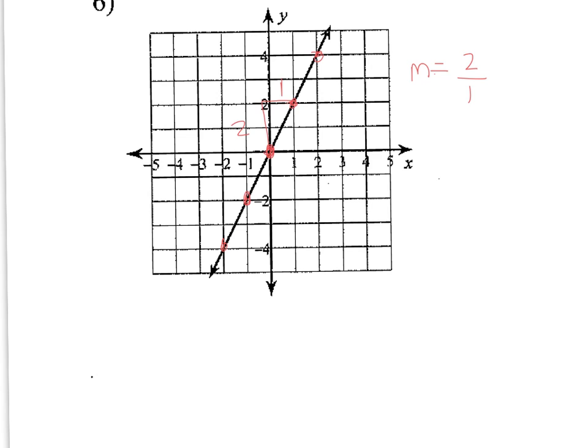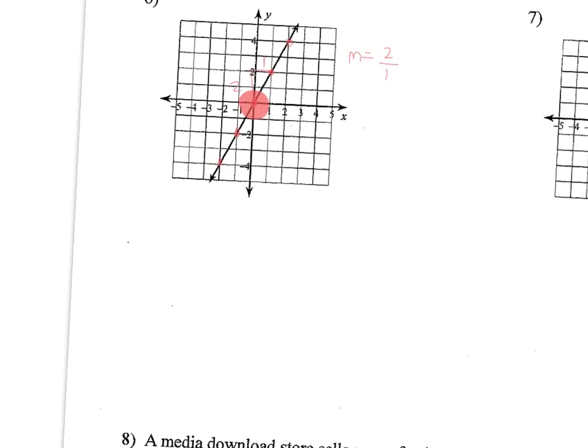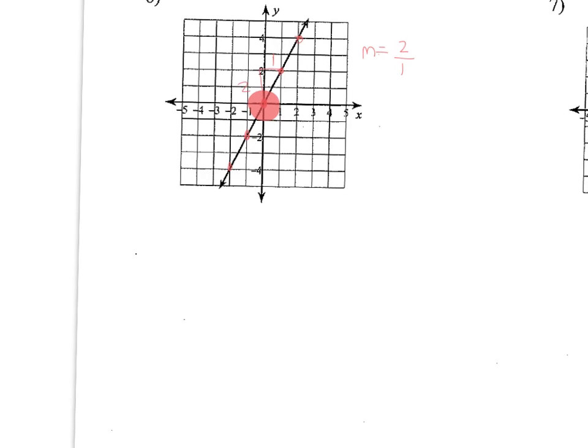Okay, now pick a point. I know which one I'm picking. I'm picking this one right here, 0, 0. Super easy to work with. So I've got 0, 0. Okay, and we're going to do y minus 0 equals 2, right? 2/1 should equal 2.